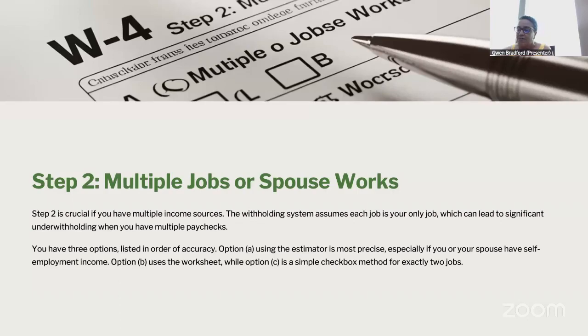Now, in this sense, I find that the tax estimator is a really good tool, because in that case you may not have to go to this worksheet. I'm not telling you not to do it, but you may want to use that estimator, because you're going to have all your information when you answer those questions in the estimator.